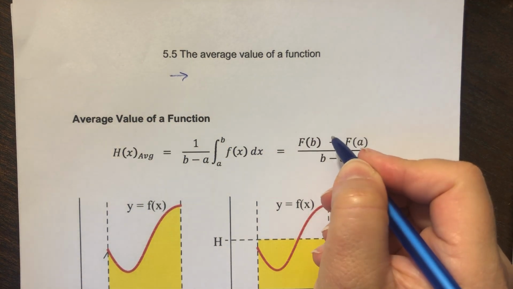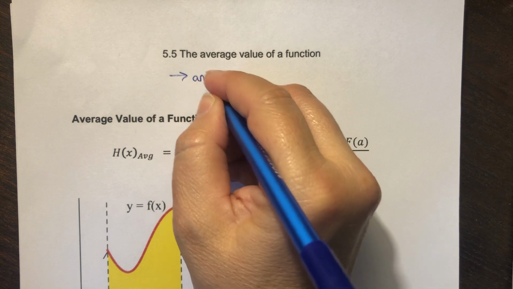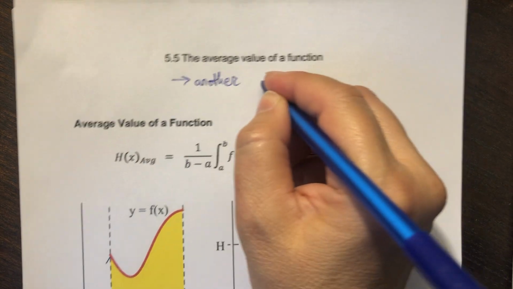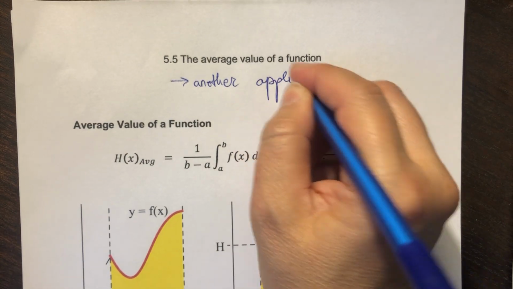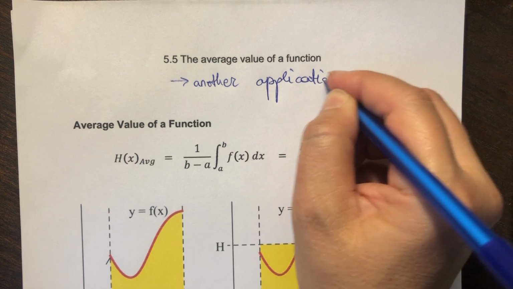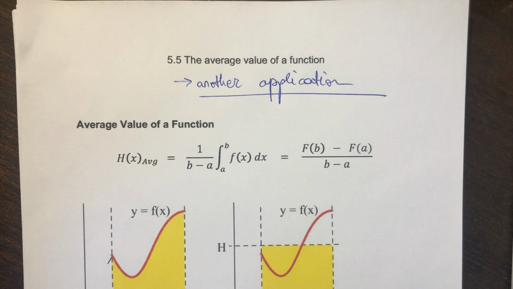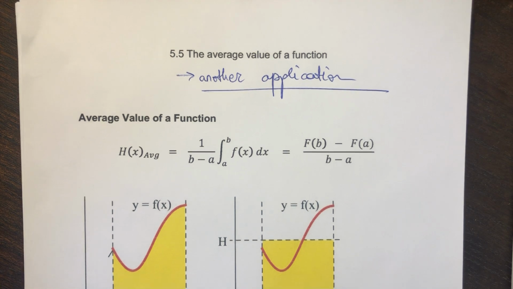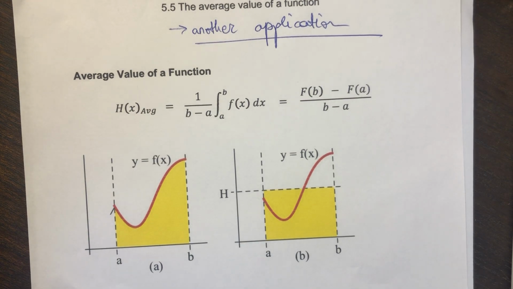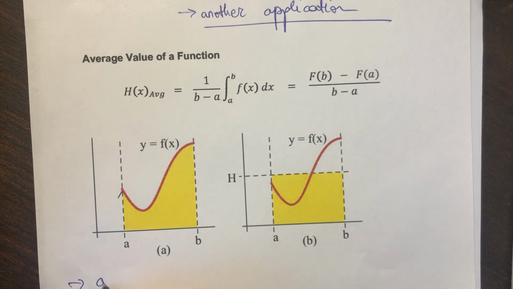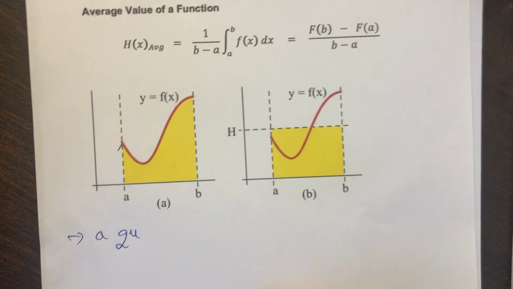So the average value of a function is just that, another application of definite integrals. Okay, so what does that mean, finding the average value of a function? Now, if you could think about a function, a quantity, I should say, I'm just going to write this down.